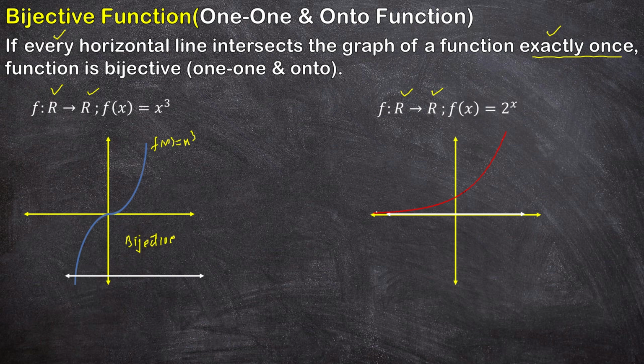We see that as long as the line is above the x-axis, it intersects the graph once, but as we move towards the negative y-axis, it doesn't intersect the graph. So the condition that a horizontal line must intersect the graph exactly once is not fulfilled. So this function is not bijective.